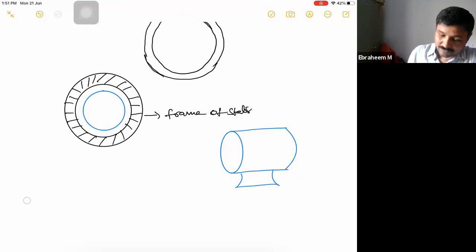What we see as a cylinder here is the stator frame.